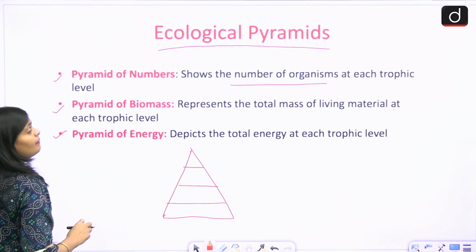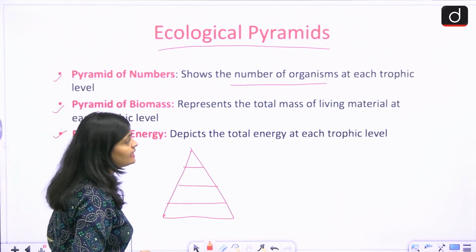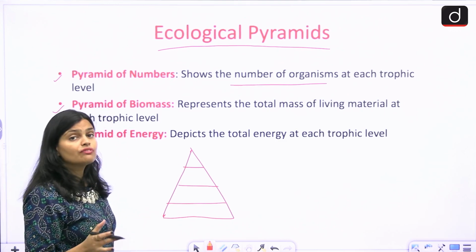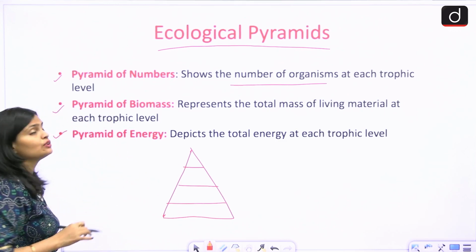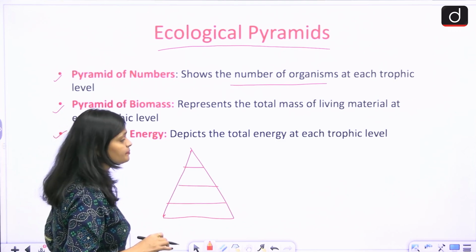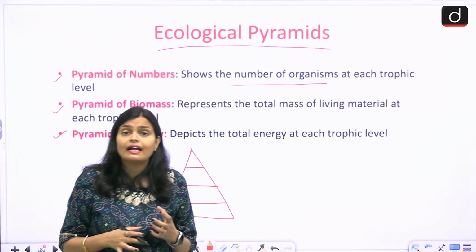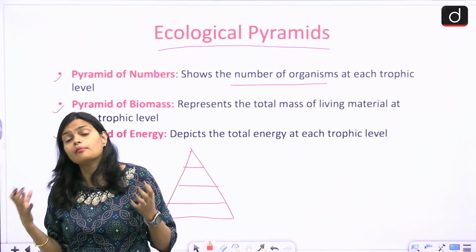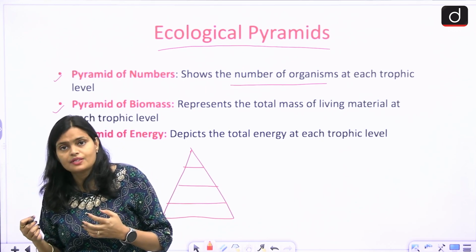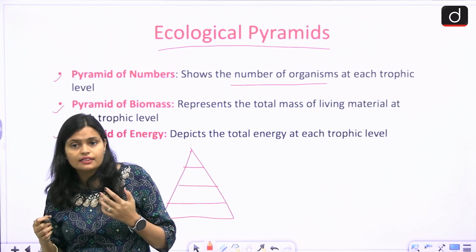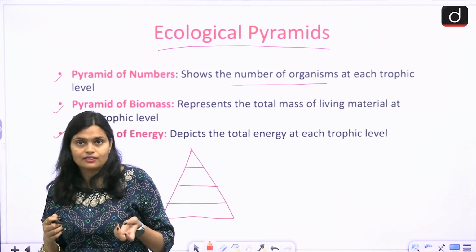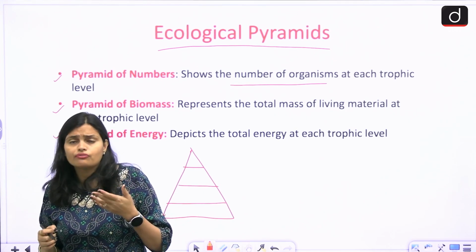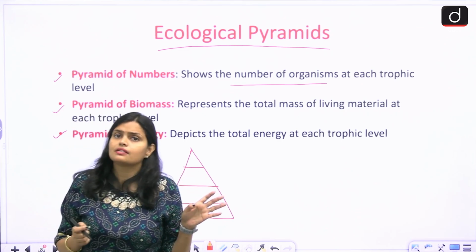Similarly, pyramid of biomass represents the total mass of living material at each trophic level. Here we talk about the mass of organisms. Like in the case of land, terrestrial ecosystems, we have lots of producers, trees and plants are the most.